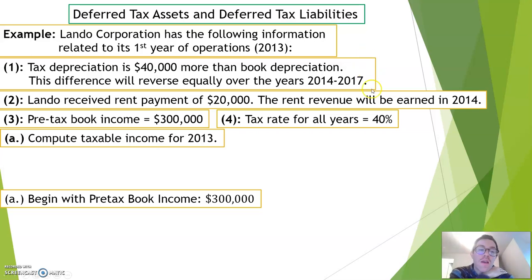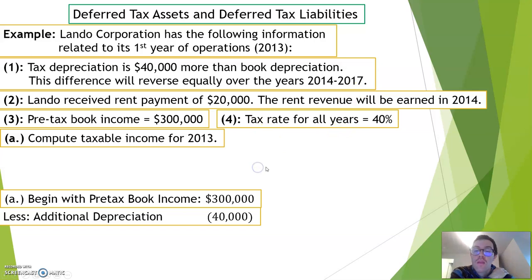Should I add $40,000 or subtract $40,000? Pause it and think about it. Answer, you should subtract it. The depreciation is more under the tax code, so I take my book income and I have to subtract 40 more.